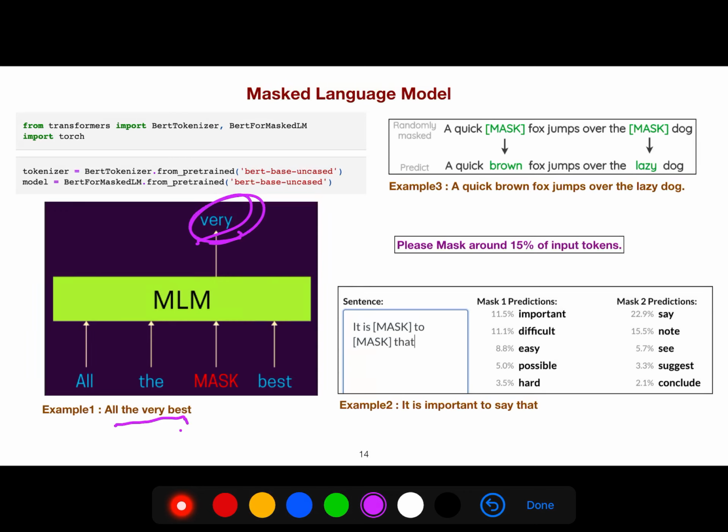We predict "very", or here we mask "to". And in general, we try to mask around, as suggested in the papers, 12%. Here I've written 50, I think it's either 15% or 12%. Some people say 12%, some people say 15%. So we mask around this. This is a good result because people have experienced that.